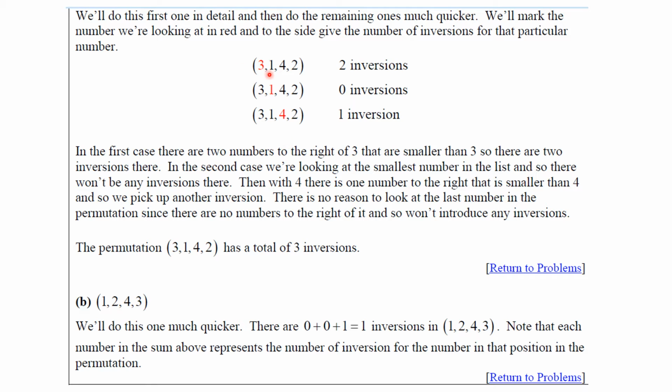So we will have 2 inversions associated with the 3. We'll have 0 inversions associated with the 1, and we will have 1 inversion associated with the 4. Again, we're going to the right.